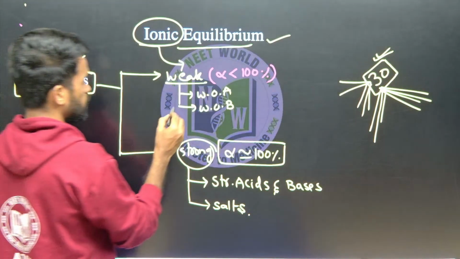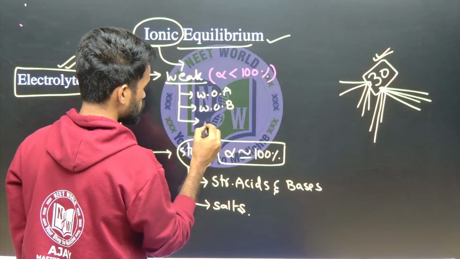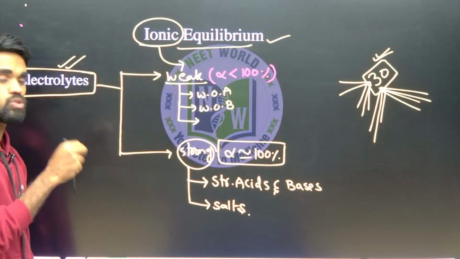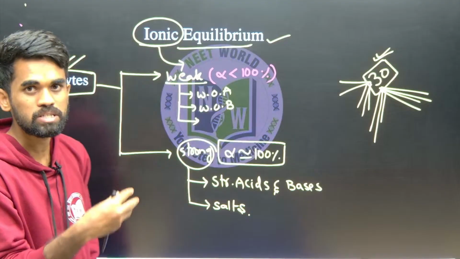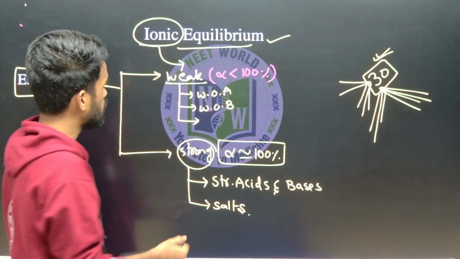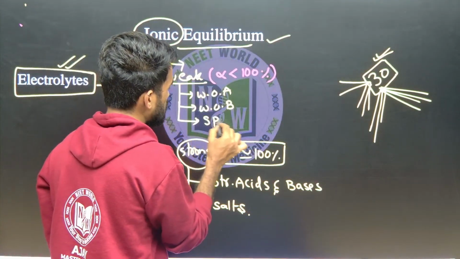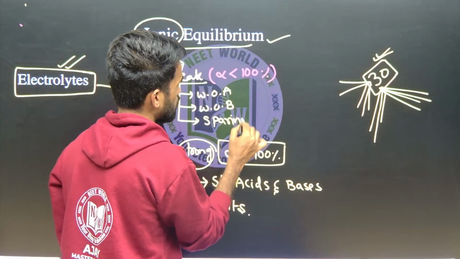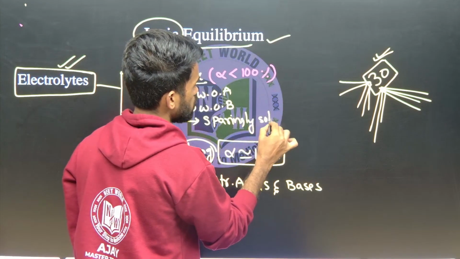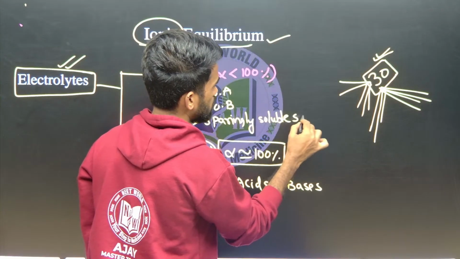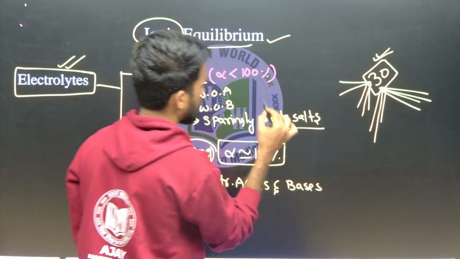Along with these, there are some salts having very low solubility, generally covalent salts like AgCl. These are sparingly soluble salts, and they are examples of weak electrolytes.